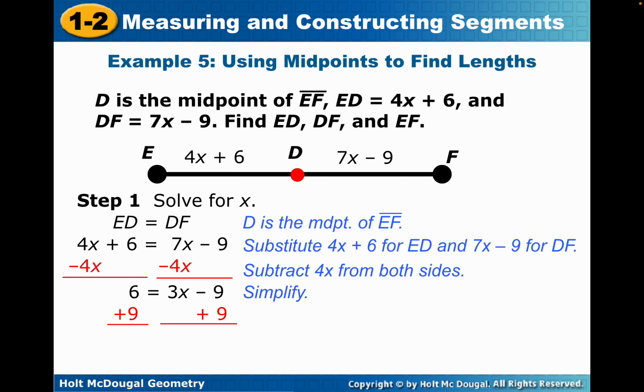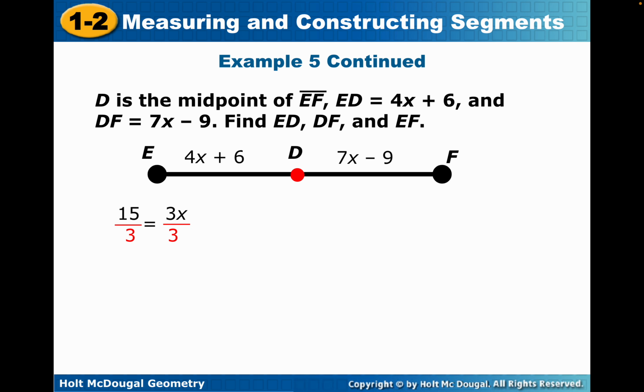We have to move that 9 over to get x by itself, so we add 9 to both sides, and that gives us 15 equals 3x. Finally, you divide by 3. Divide both sides by 3, simplify, so x equals 5.